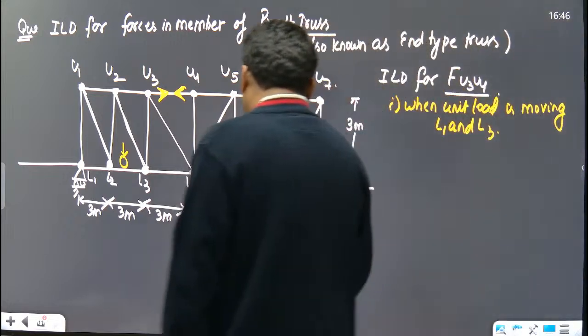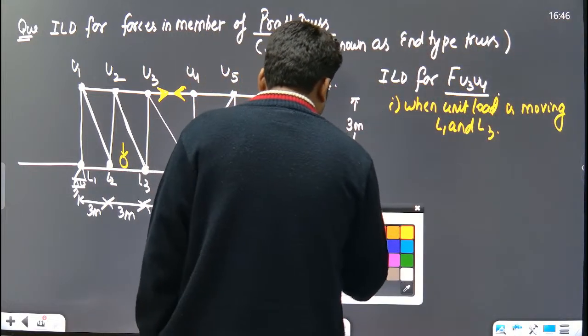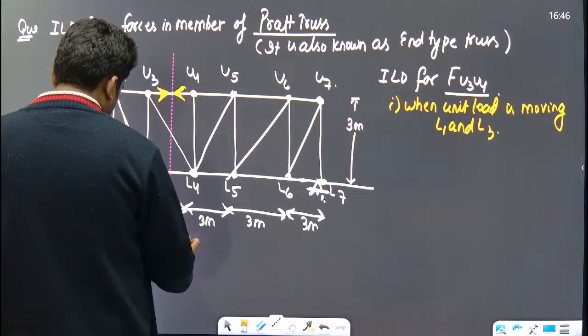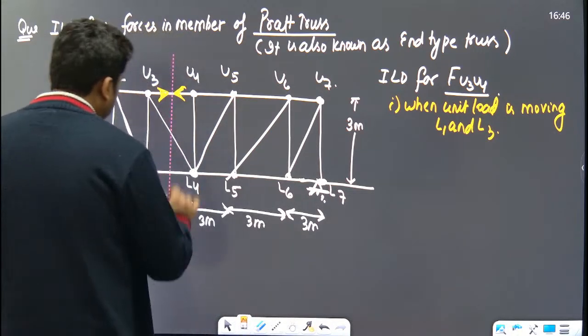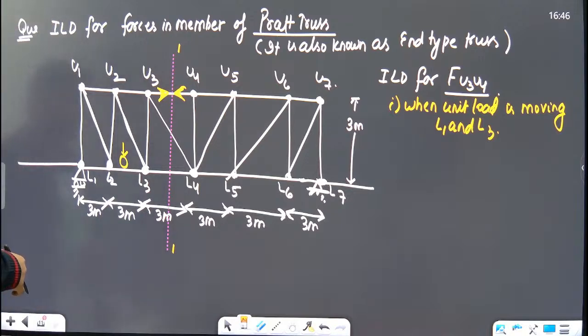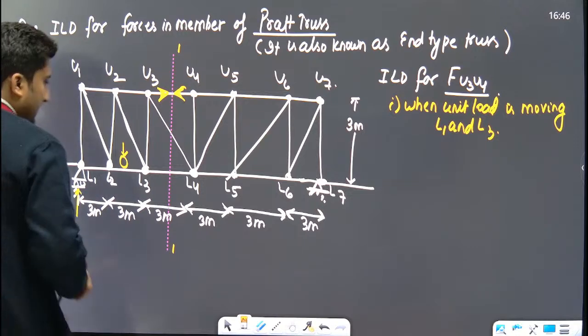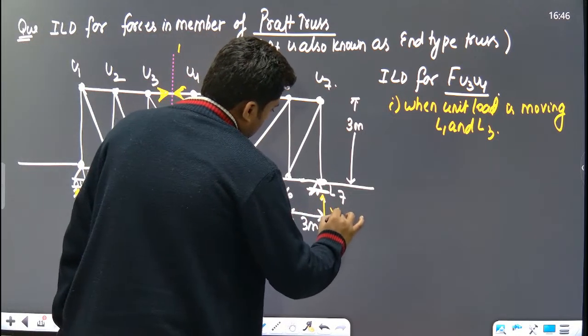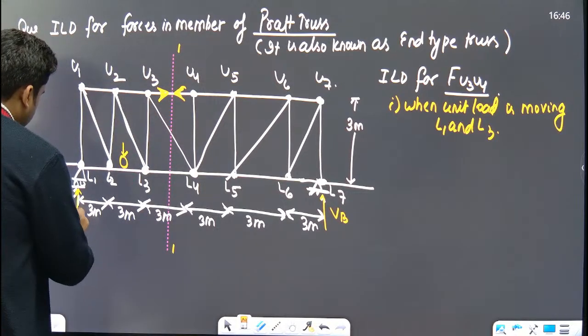We will make a cut at 1, 1. So here the reaction, here also reaction VB, and this is VA.